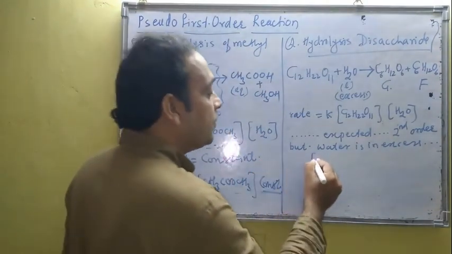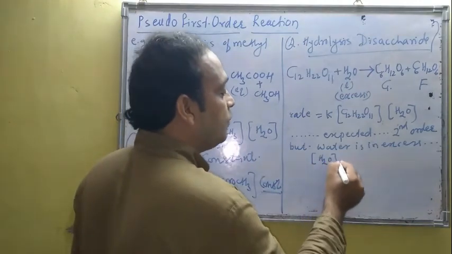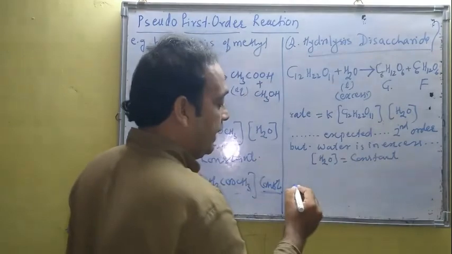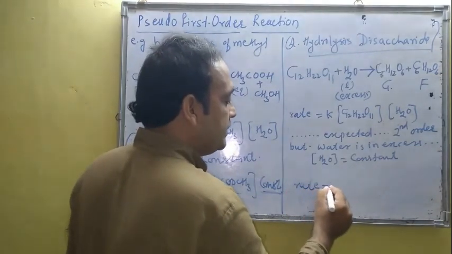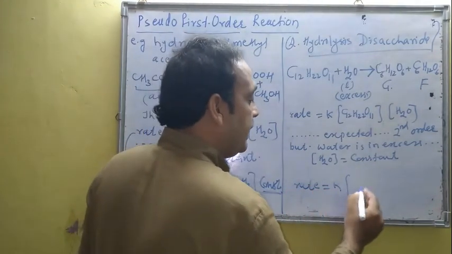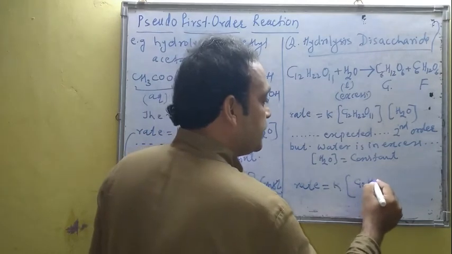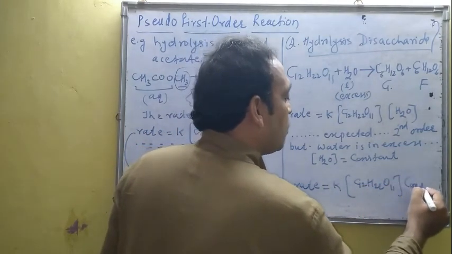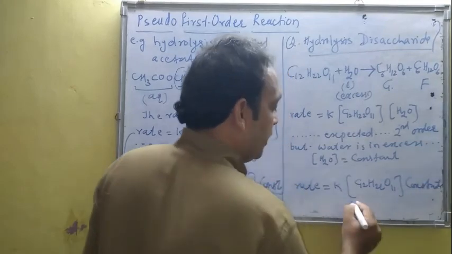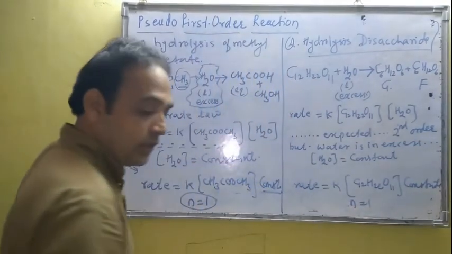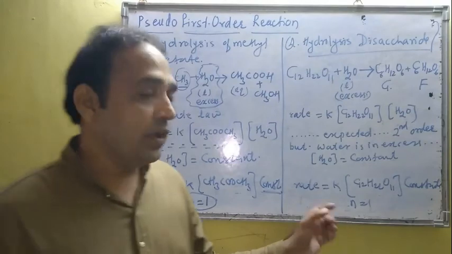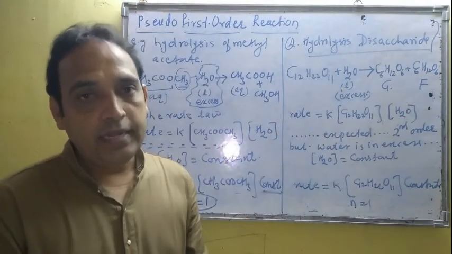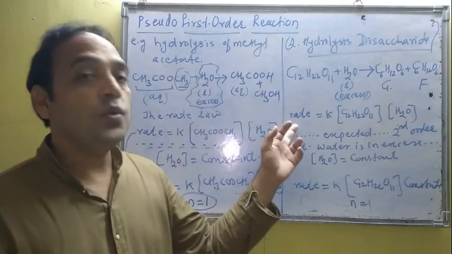The concentration of water remains constant, so the rate becomes K into concentration of C12H22O11 into constant. Finally, what is the order of reaction? First order. So write in a systematic way, and follow your textbook to explain these two examples.